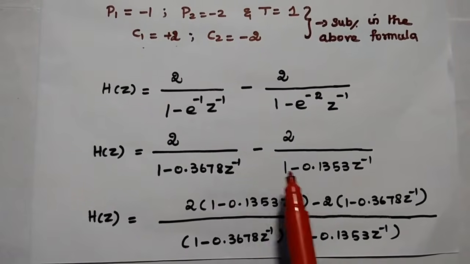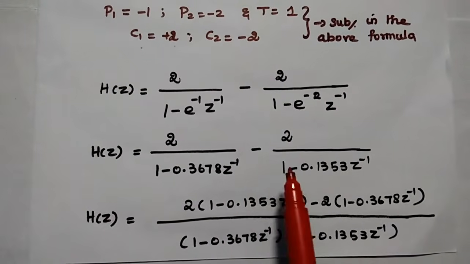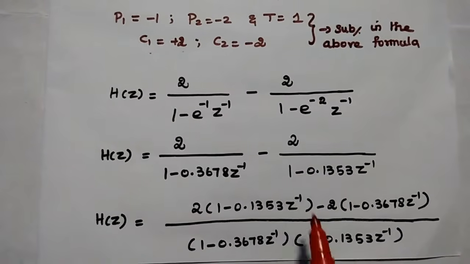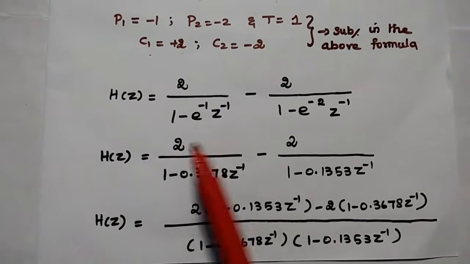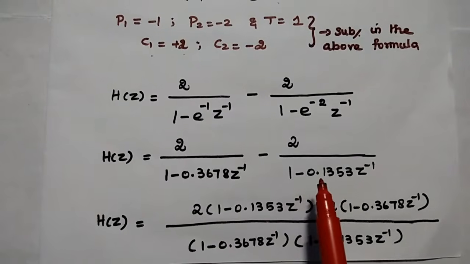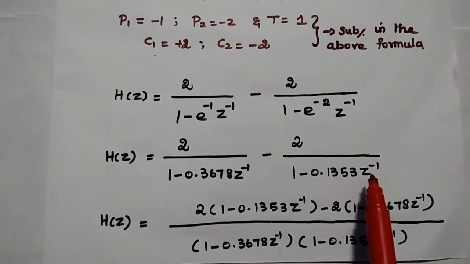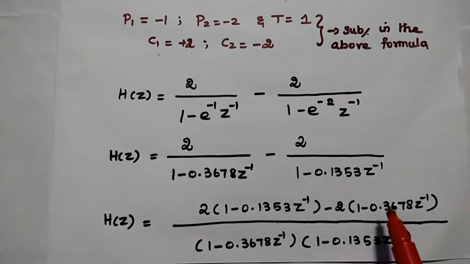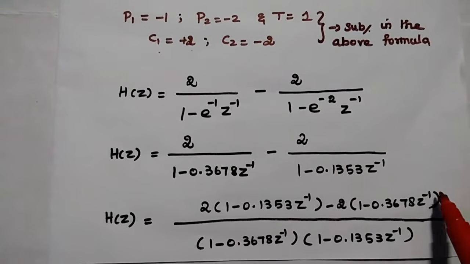So we are going to combine these two terms together by taking LCM. So multiply the denominator together. So for this 2, we have to multiply this value 1 minus 0.1353 Z power minus 1, minus 2 into this value 1 minus 0.3678 Z power minus 1.